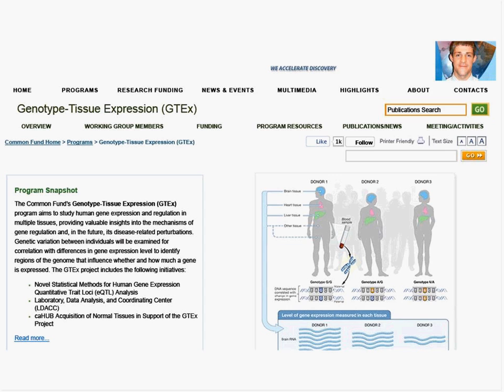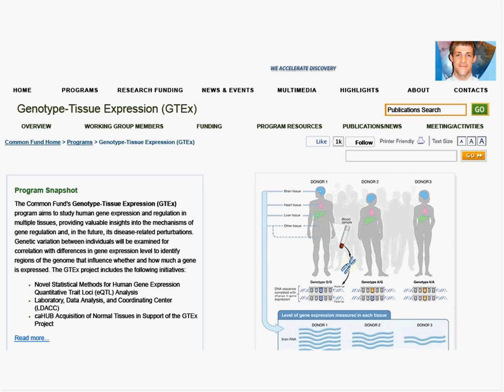So GTEx is the Genotype-Tissue Expression resource. It's really expanding now beyond just gene expression. So there was a recent RFA for additional kinds of omics technologies to be done on the tissues that are being collected through GTEx.